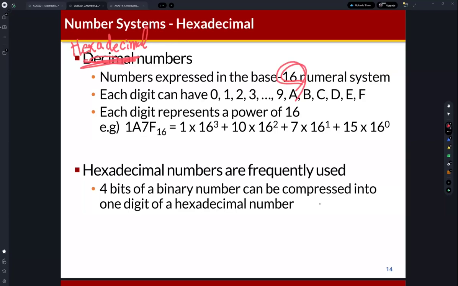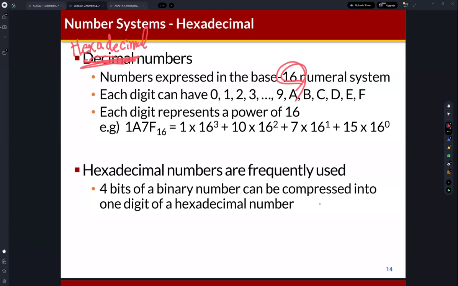Then why do we need to learn about the hexadecimal numbers now? I mentioned that we need to learn about the digital systems and these binary numbers. It is because digital systems can only have two different values, 0 and 1, so obviously that's why we use binary numbers in the digital systems.